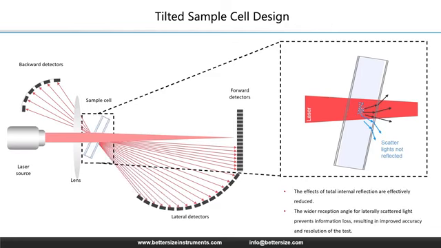Now, look at the blue beams on the zoomed-in cell. Because of the tilt, they no longer hit the critical angle. Instead of reflecting back, they pass straight through the glass to the lateral detectors. This geometric change eliminates signal loss, ensuring that every particle can be accurately detected.